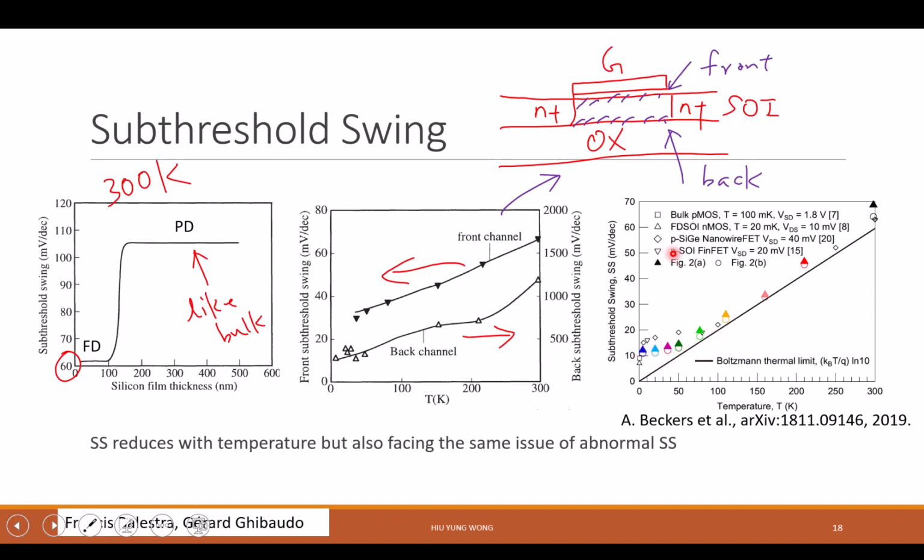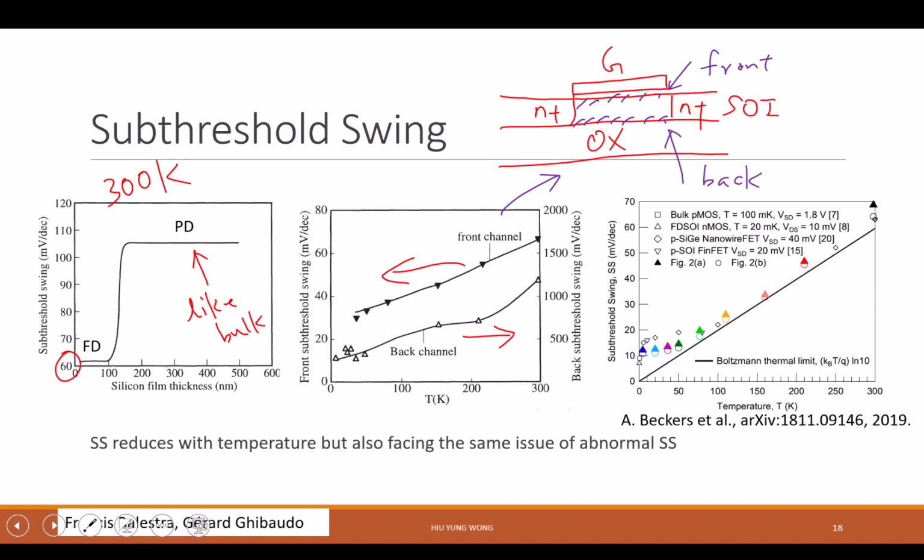Let's just look at this P-type SOI, but this is FinFET. Look at this FDSOI, the triangle pointing up, the upside triangle. It only has one point in this whole figure. But again, when you go to very low temperature, it still cannot achieve what we have. Again, that is the abnormal subthreshold slope that we discussed earlier.